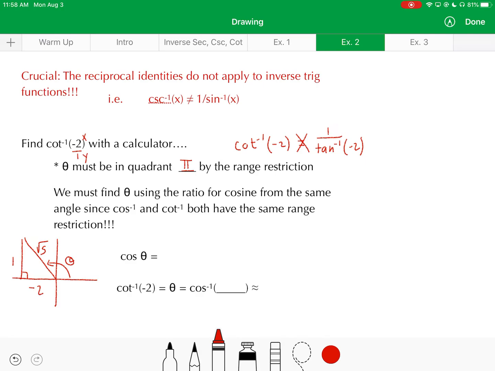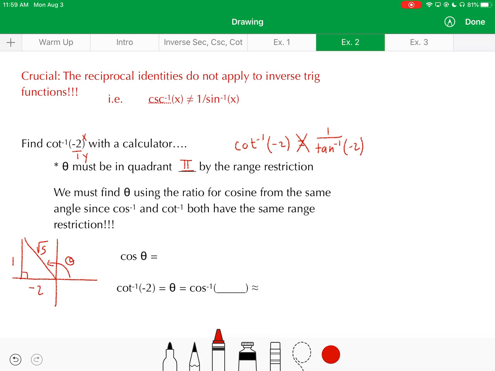Out of those 3, the only one you can use here is inverse cosine, because it yields quadrant 2 angles, just like inverse cotangent is supposed to. Inverse sine and inverse tangent only yield quadrant 1 and quadrant 4. So we're going to have to use the inverse cosine function.